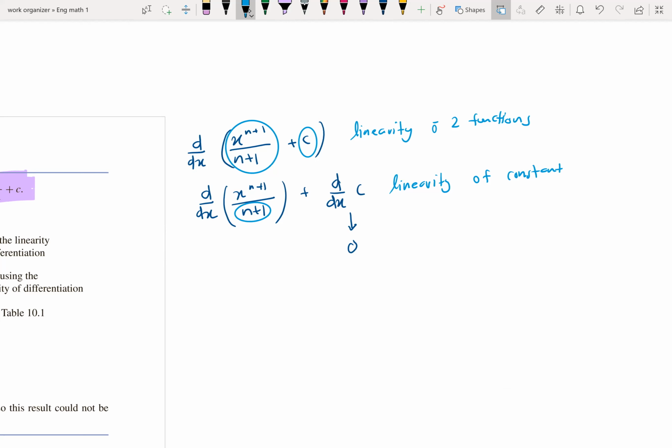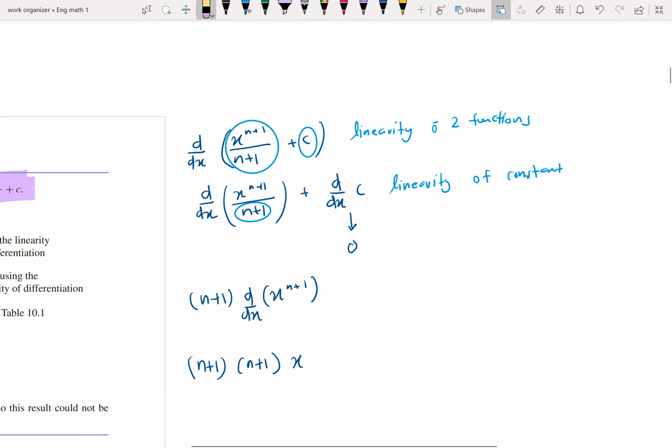This is the constant. So we just write 1 over (n+1), and then d over dx of x^(n+1). So we just write down the constant here.